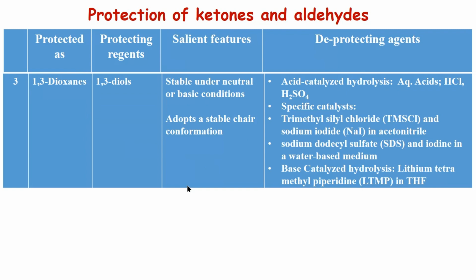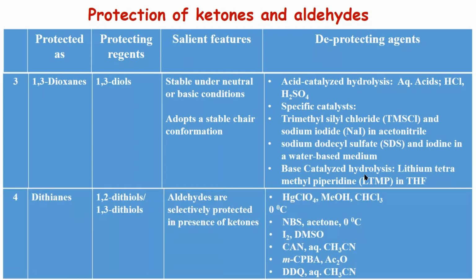They can also be deprotected in a similar fashion by acid-catalyzed hydrolysis using aqueous acids like HCl and H2SO4, and specific catalysts like trimethylsilyl chloride and sodium iodide in acetonitrile, or sodium dodecyl sulfate and iodine in a water-based medium. Though it is stable to basic conditions, by using special bases like lithium tetramethylpiperidide in THF, they can be hydrolyzed.